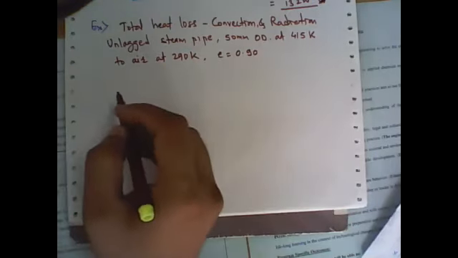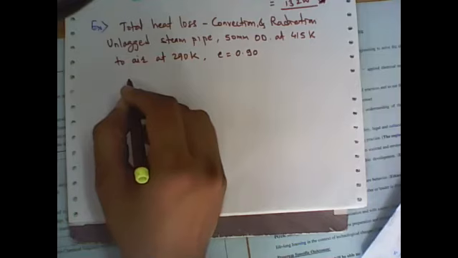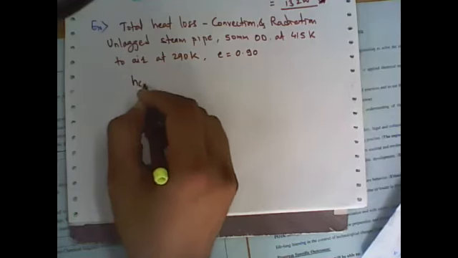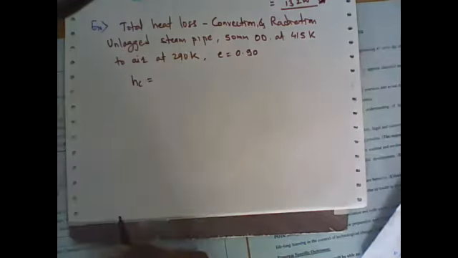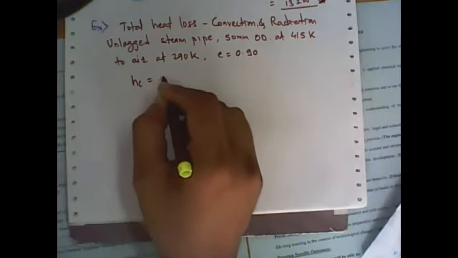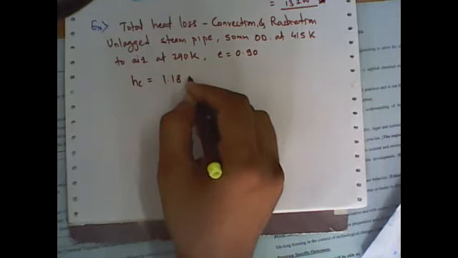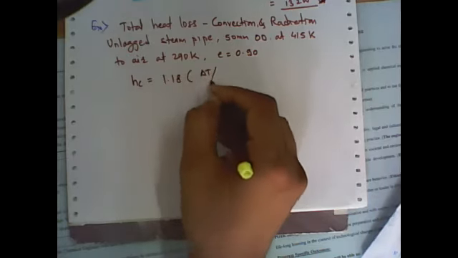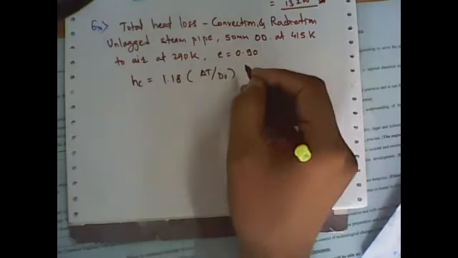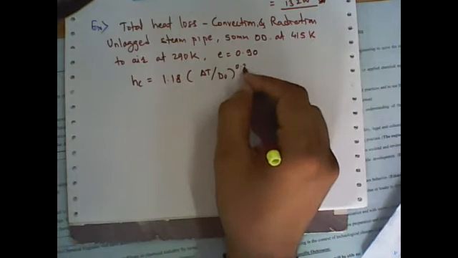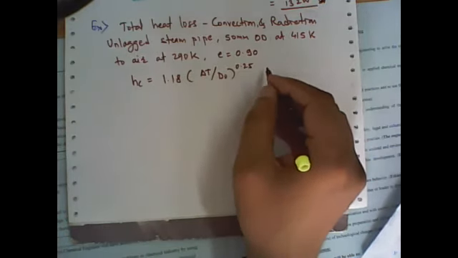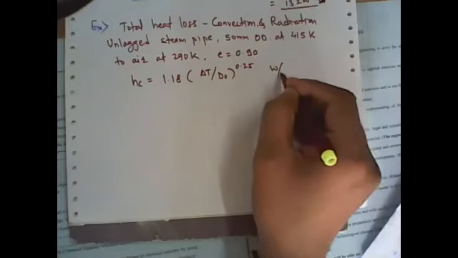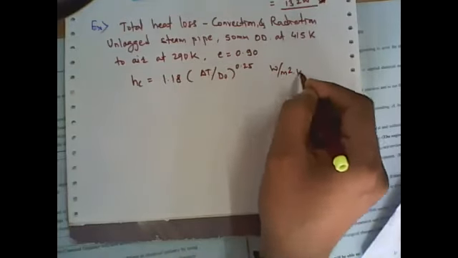The film coefficient, HC, for calculation of the heat loss by natural convection is given by HC equal to 1.18 into (delta T upon DO) raised to 0.25 watt per meter square Kelvin.